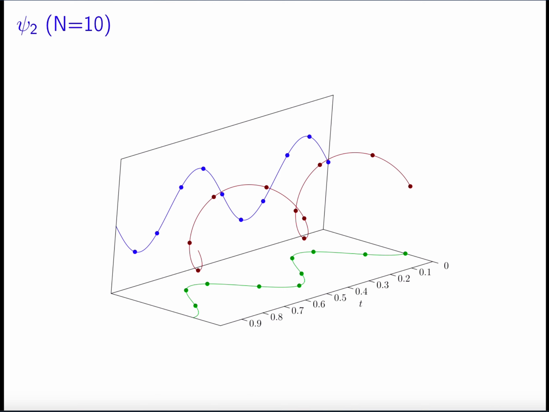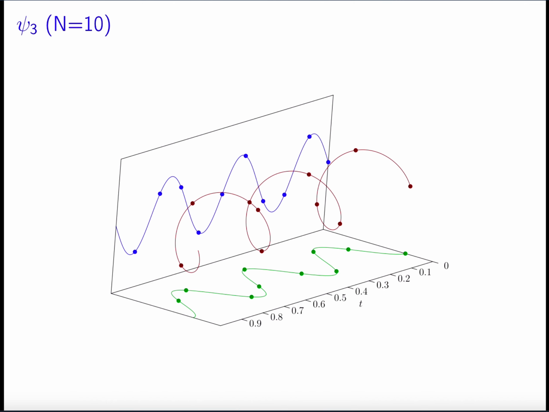This is what these look like. These are the entries j. Here k is equal to 2 and n is equal to 10, so it's a 10-dimensional vector. There are 10 of those. This one is for k equals 2, this one for k equals 3. And as you can see, as k changes, the frequency of the discrete sinusoid changes.